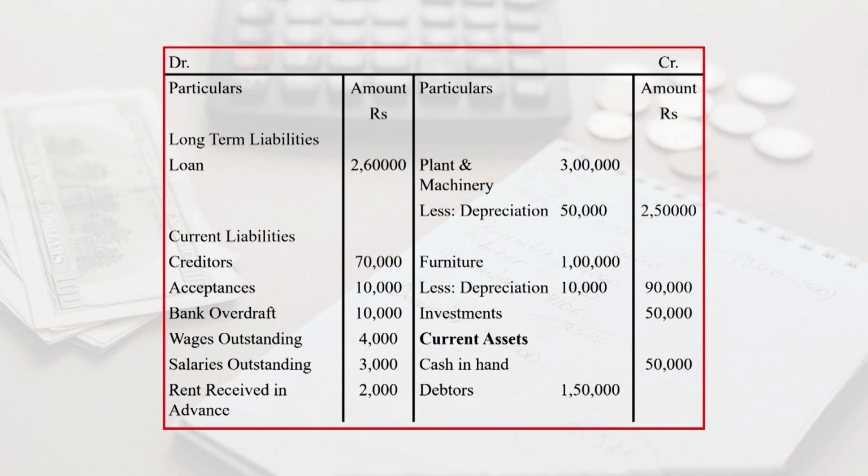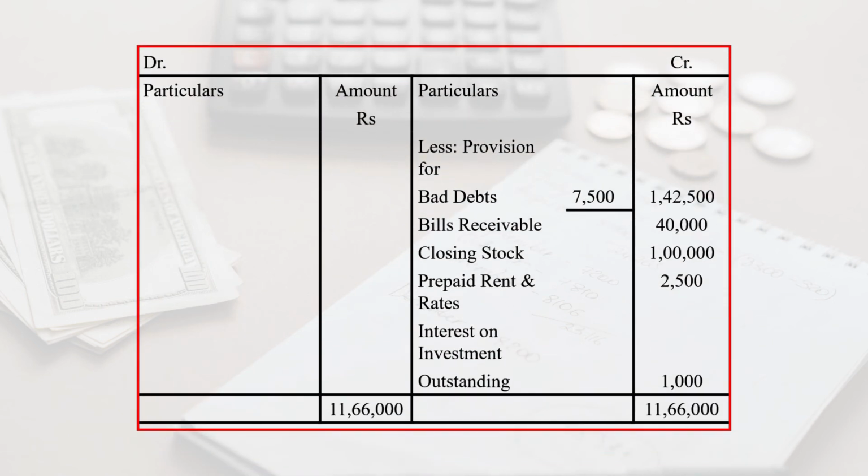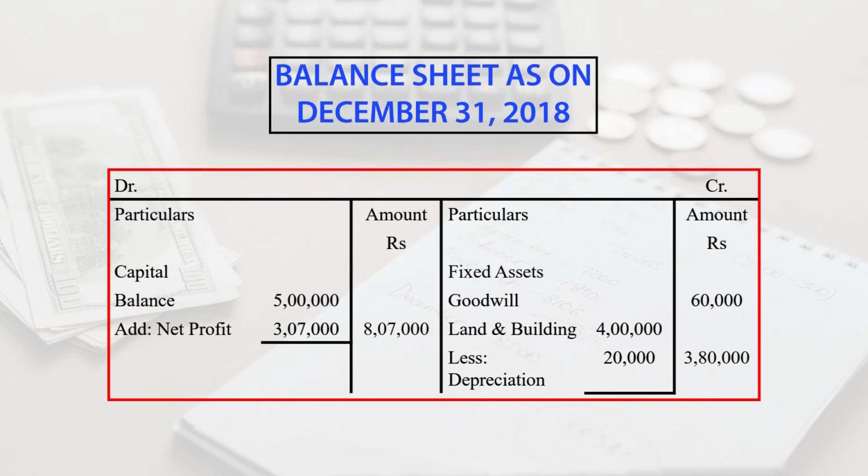Then current liabilities: creditors have been provided 70,000, acceptances 10,000 inside the trial balance, bank overdraft also 10,000, wages outstanding 4,000 provided in the adjustment, salaries outstanding 3,000 provided in the adjustment, rent received in advance, again a liability for the business, provided in the adjustment, 2,000 rupees. So total it becomes 11,66,000.